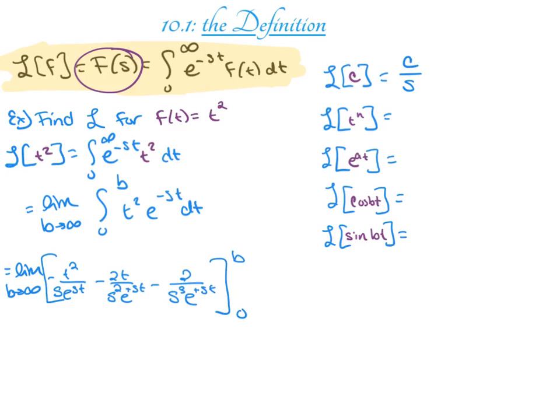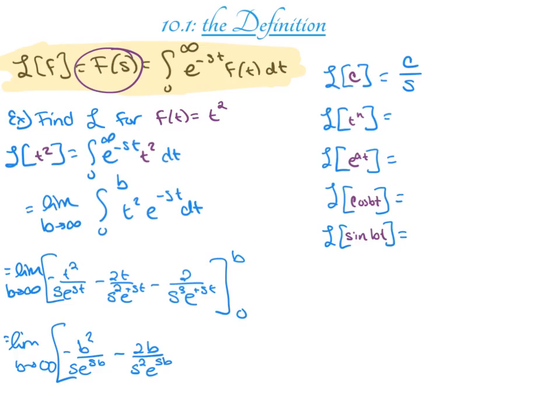Limit as b approaches infinity of negative b squared over s e to the st minus 2b over s squared. Oh my gosh, that's sb, not st. So careful not to write a negative.